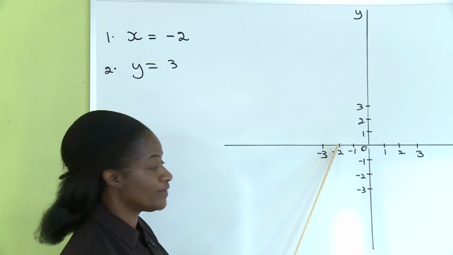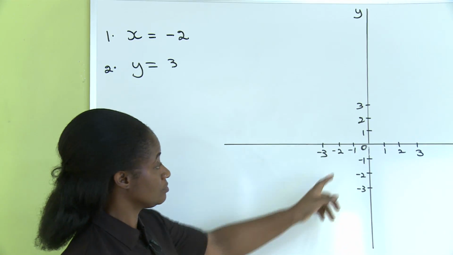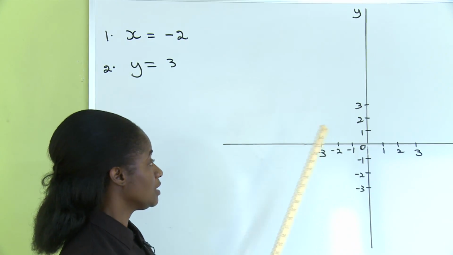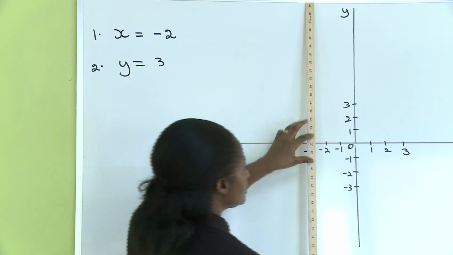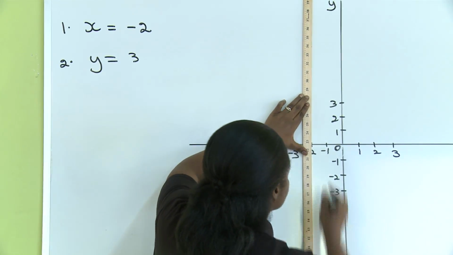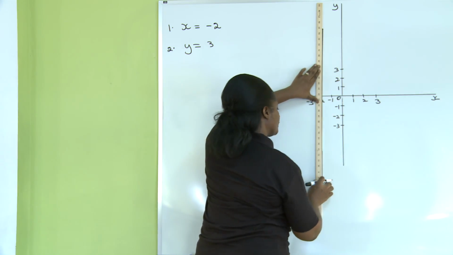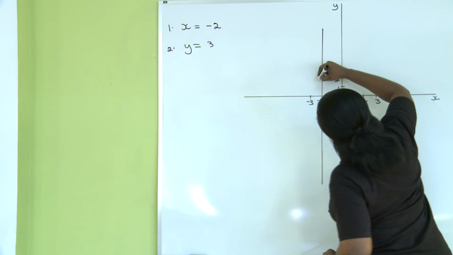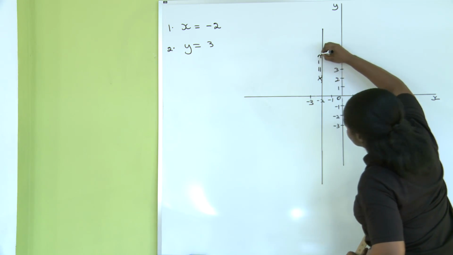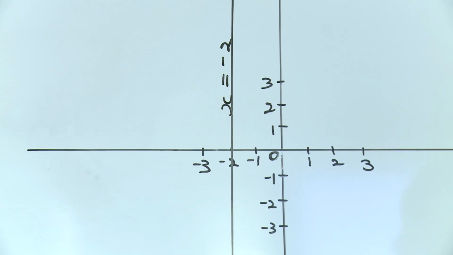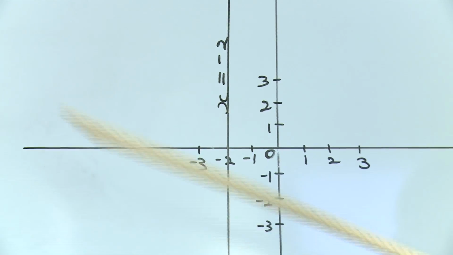Look for the x value that is -2. There it is. You're going to draw a vertical line through -2. And there you have it. This is the line x is equal to -2. I know you're getting through, so let's try the second one.